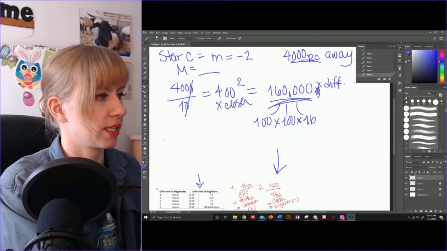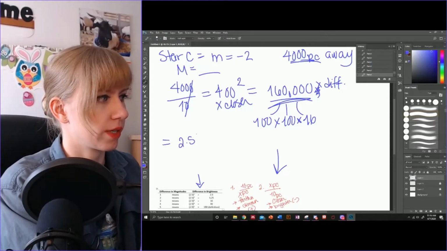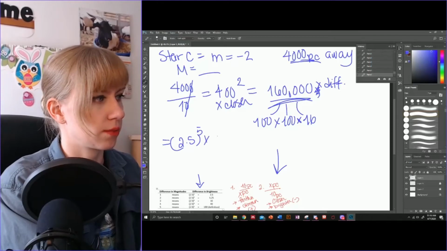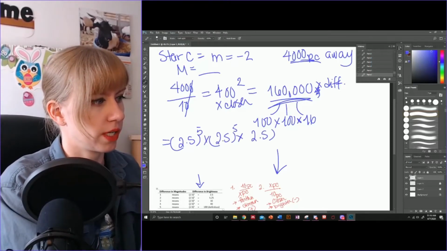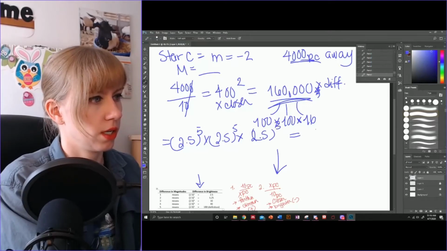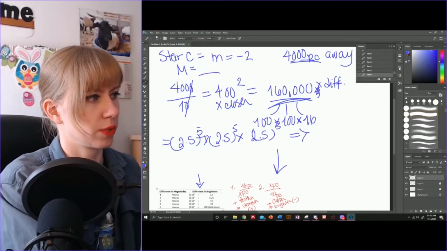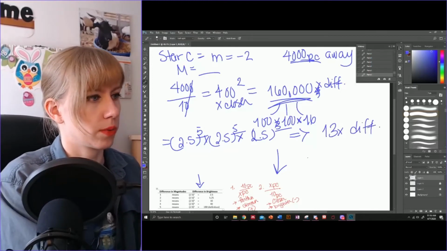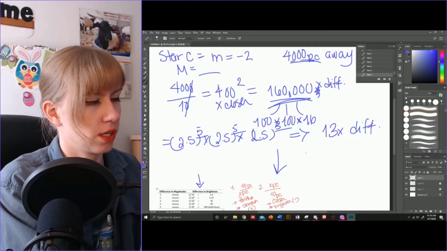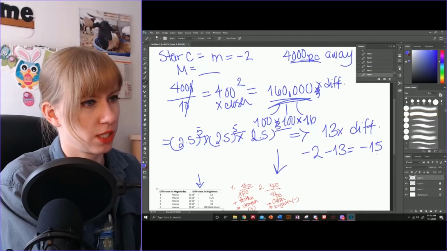So we're going to end up with 2.5 to the 5th times 2.5 to the 5th times 2.5 to the 3rd. Okay, and that's going to give us 5 plus 5 plus 3, 13 times difference. And remember, we're subtracting because we're pulling it closer. So -2 minus 13 is going to give us a total of -15 as our absolute magnitude.